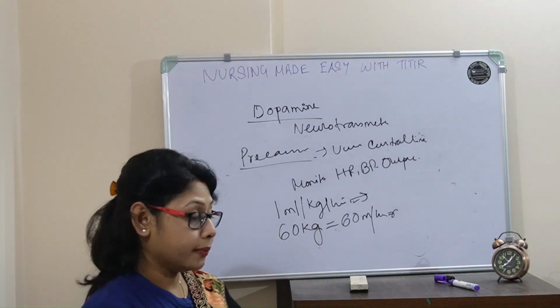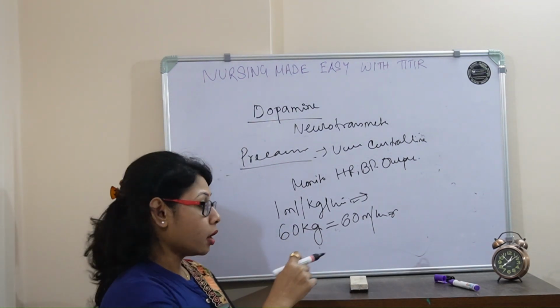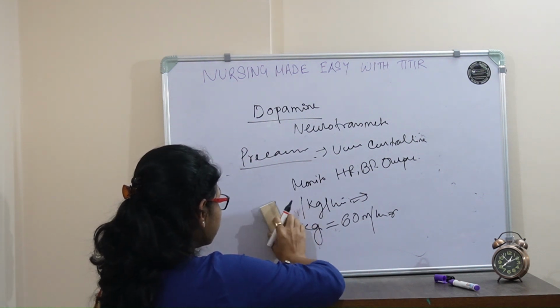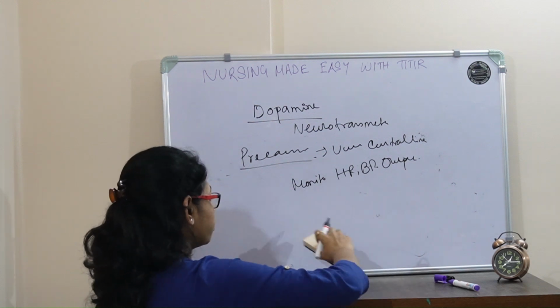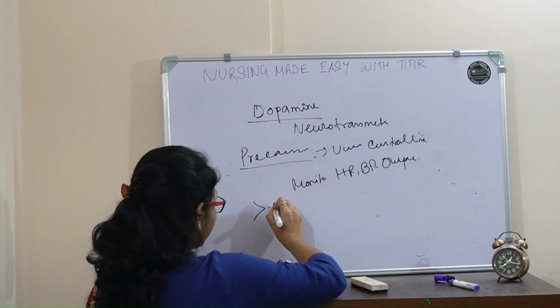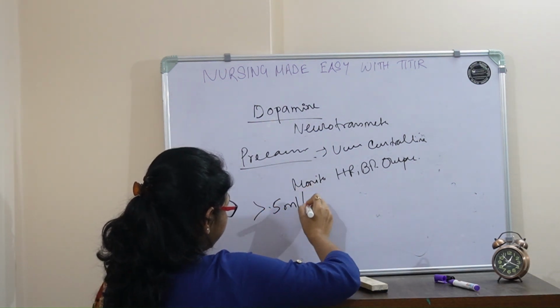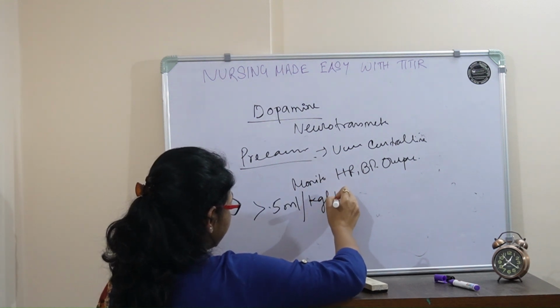That is the normal. And what is the alarming urine output? If the patient does not have adequate urine output, it is less than 0.5 ml per kg per hour.